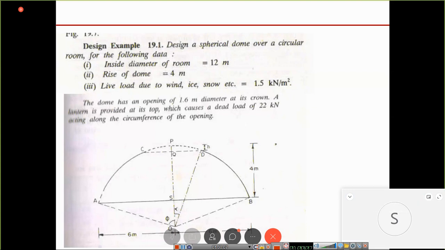Is the ring beam to be designed only in the case of a non-hemispherical dome? Yes, otherwise the support needs to be designed properly so that it can take the vertical loads.